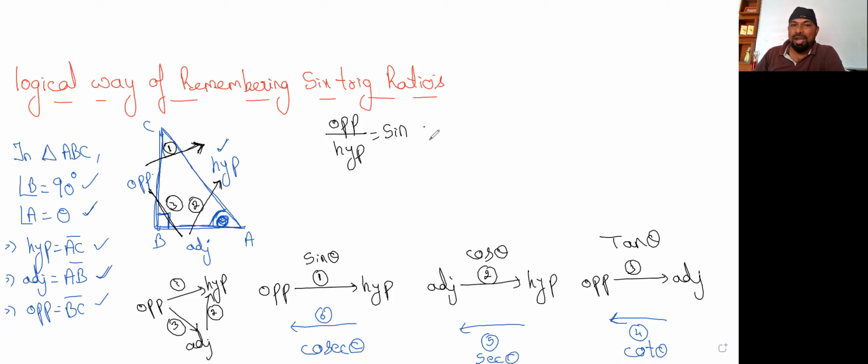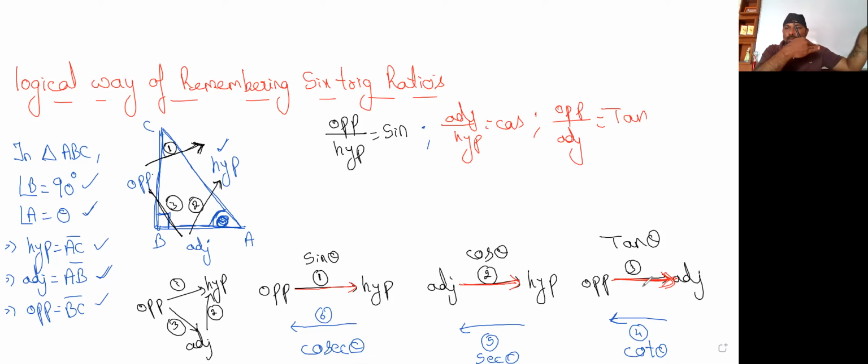The first relation, from opposite to hypotenuse, we call sine. The second relation, from adjacent to hypotenuse, we call cos. The third relation, opposite by adjacent, we call tan. Now, travelling in the opposite direction, adjacent to opposite, we call cot theta.